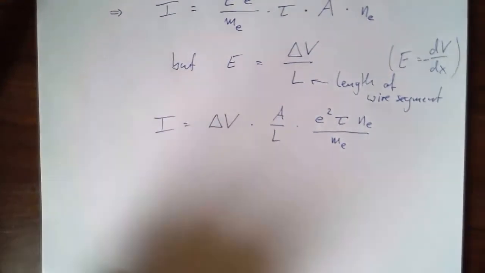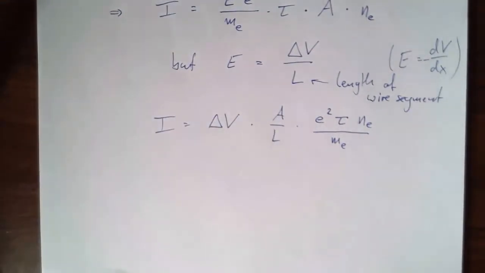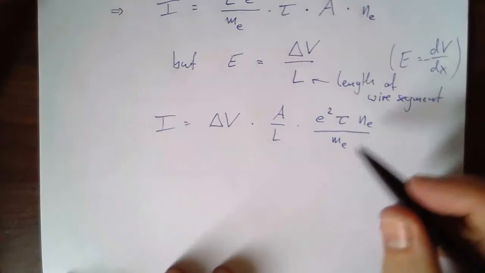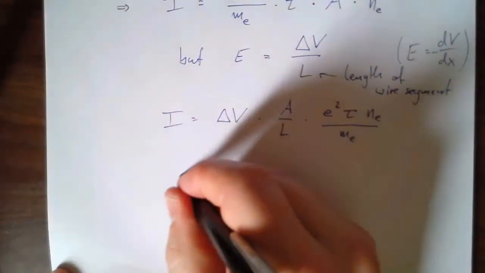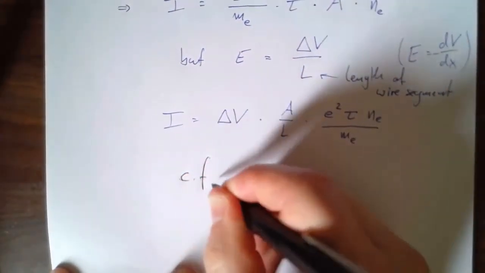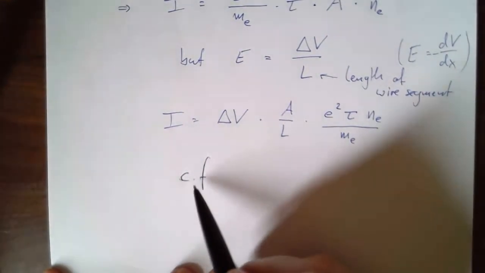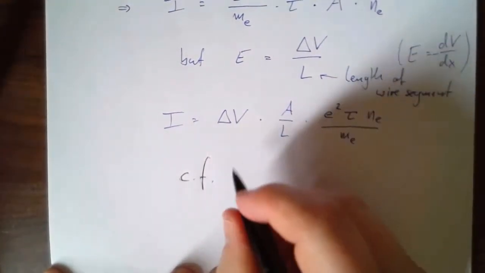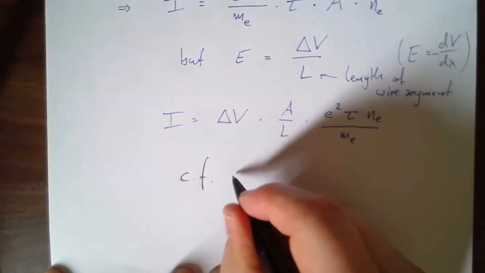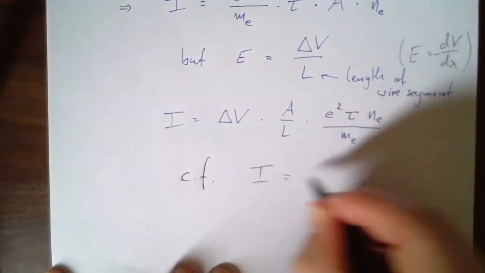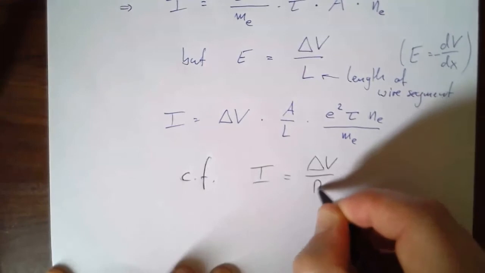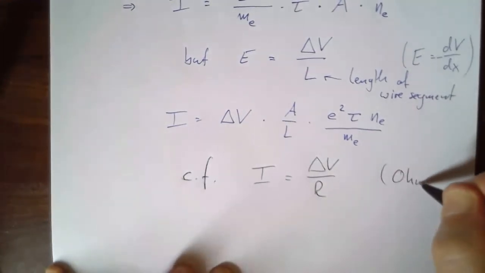So we're getting back the idea that current is proportional to the potential difference. That means this whole thing here, cf., conferatur, Latin, to be compared with, is delta V divided by R. This is what Ohm's law says.